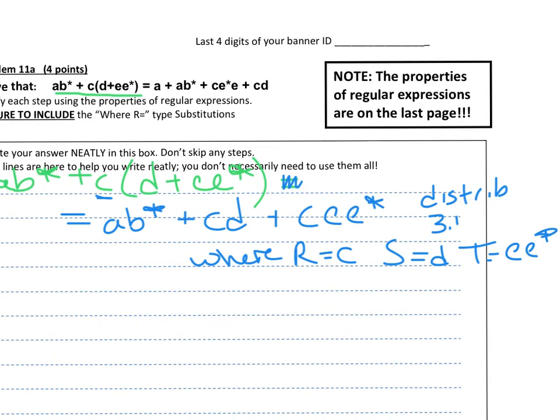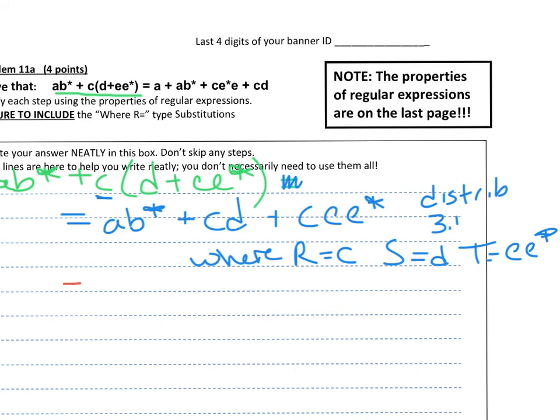Okay, so the next thing that I'm going to do is, I notice that I have E star E here and E E star here. So I'm going to use closure 6 to just move that around. So I'm going to say that equals, where's my pen?